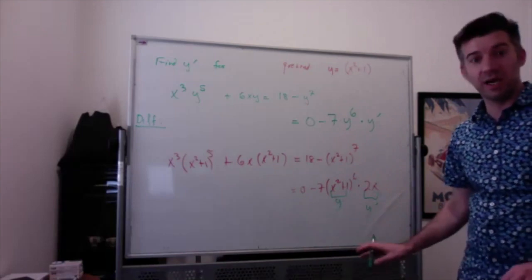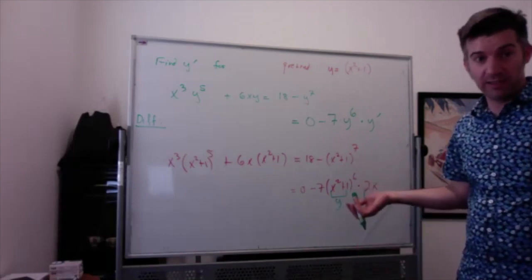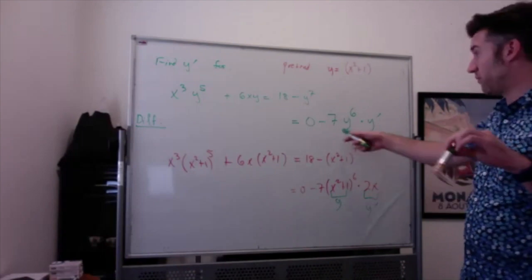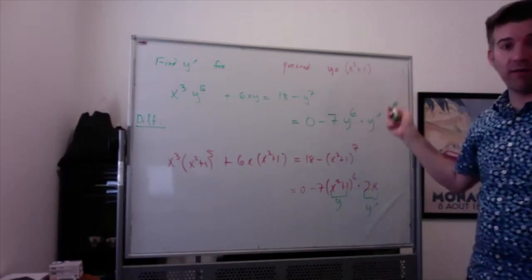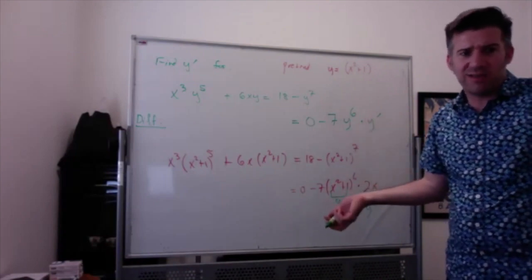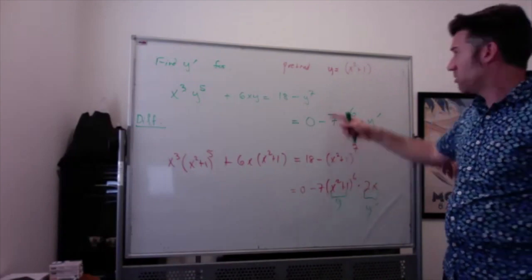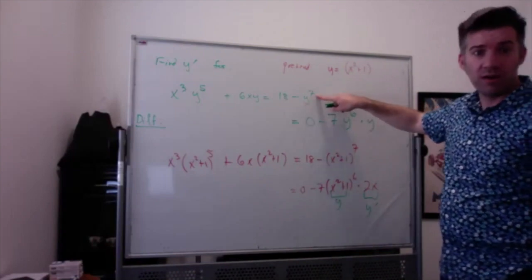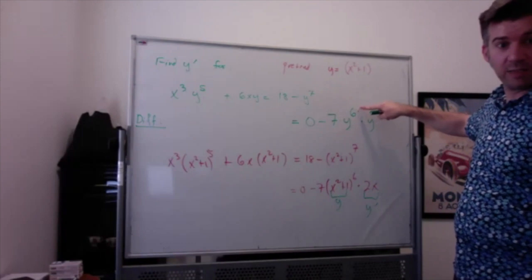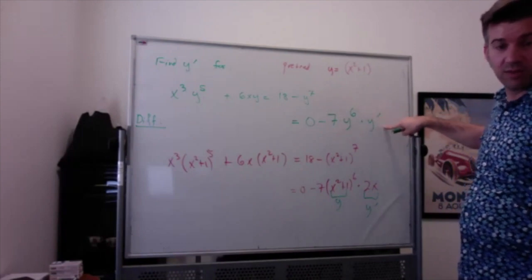So that's the idea. We don't actually know what y is, but we know it's a function of x. When we differentiate some power of y, we have to treat it like a chain rule: I've got some stuff to a power, and the derivative is that power times that stuff to the 1 less power times the derivative of the stuff.